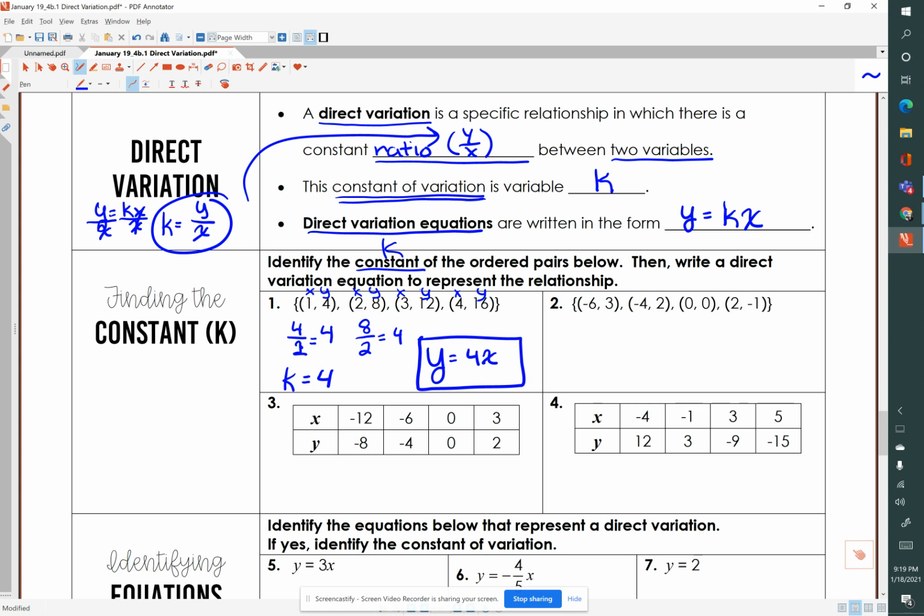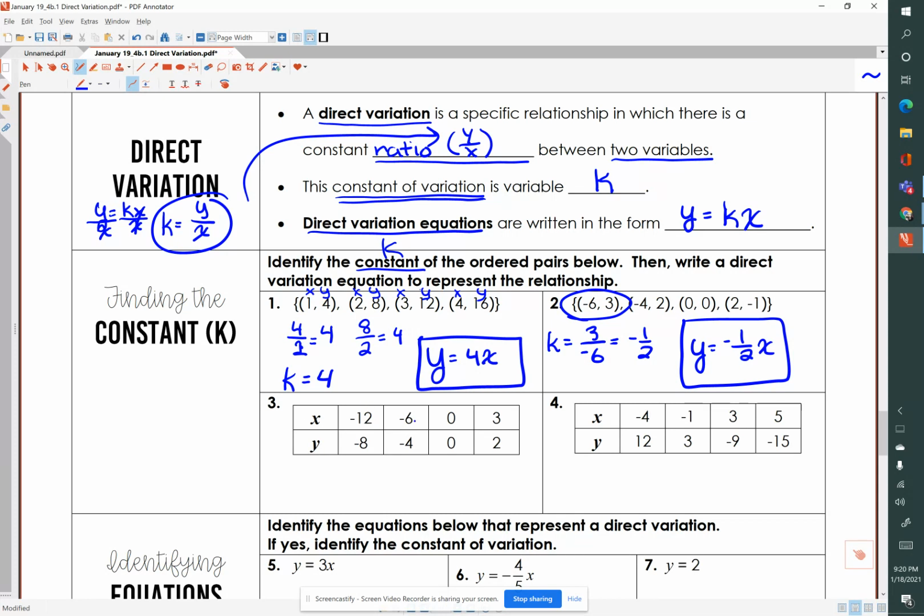So let's look at number 2. We'll use the first point. K equals 3 over negative 6, which reduces to negative 1/2. So our k is negative 1/2. So our equation, y equals negative 1/2 x. That's number 3.